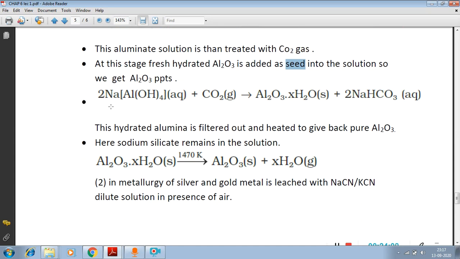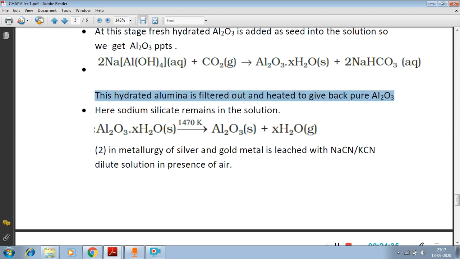The reaction is here. This is sodium aluminate plus carbon dioxide gas. It will give hydrated alumina, Al2O3·xH2O, plus sodium bicarbonate, NaHCO3. This hydrated alumina is then filtered out and heated to give pure Al2O3. Here you can see Al2O3·xH2O is heated at 1470 Kelvin temperature.